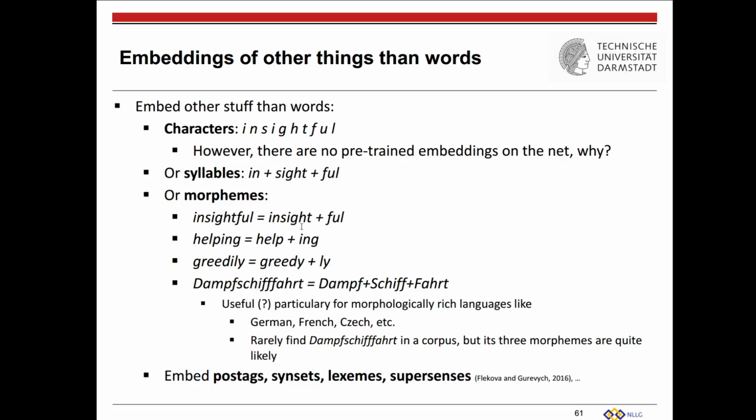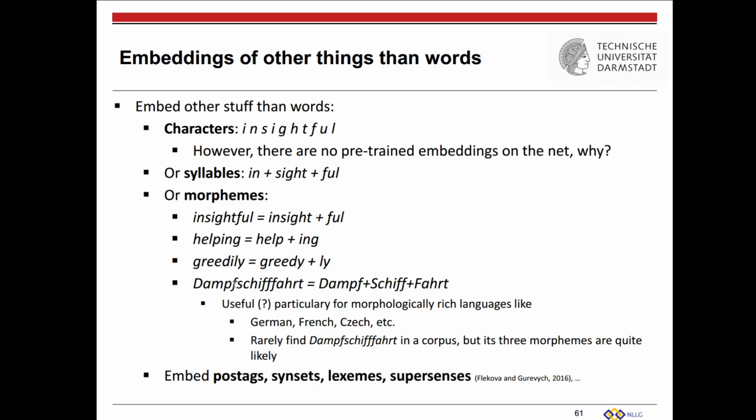So you split a word into all parts that still have some semantics. So ing has some semantics because it is the gerund. Li has some semantics in greedily because it makes out of the word greedy, and li means that it becomes an adverb. Whereas with syllables, it's possible that you split the words into parts that really are meaningless, right?